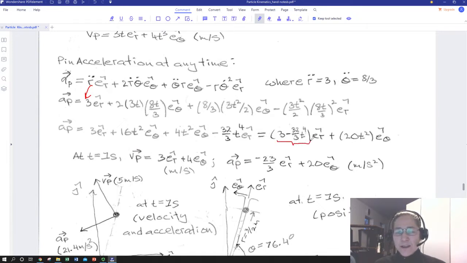here's the scalar component of acceleration in the r hat direction. We could call that a_r. We could call this a theta.